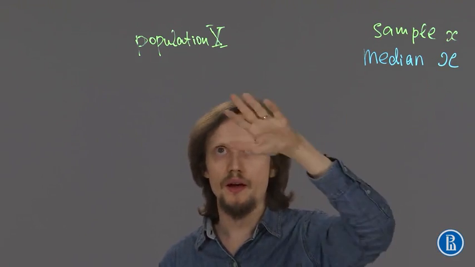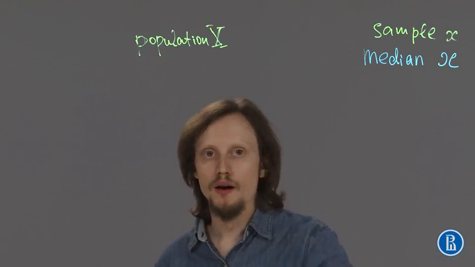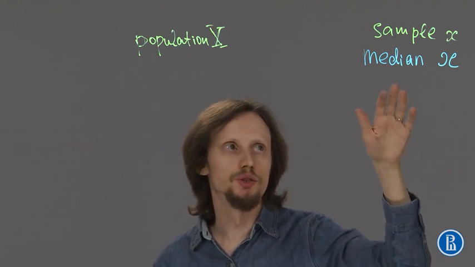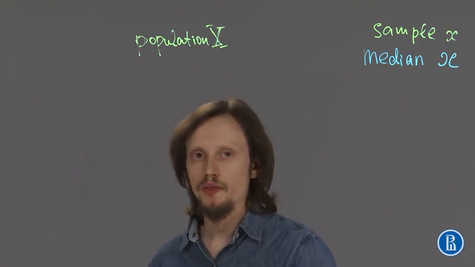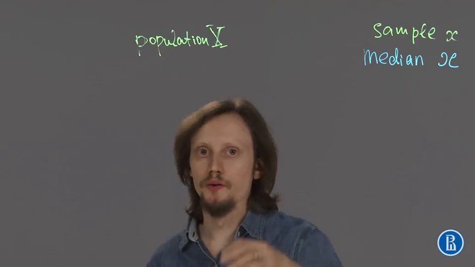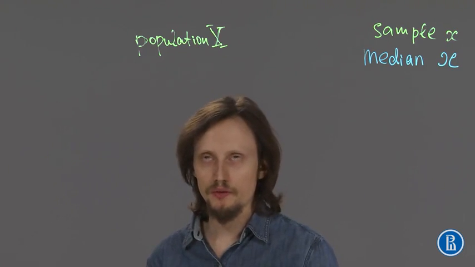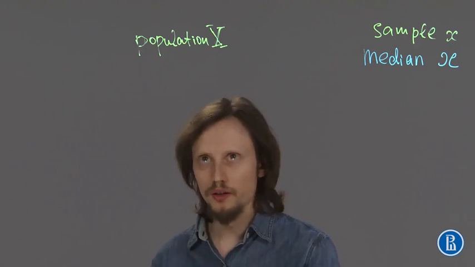There is a population median which is related to this sample median. For a random variable x, if it is a continuous random variable, we can define the median in the following way.